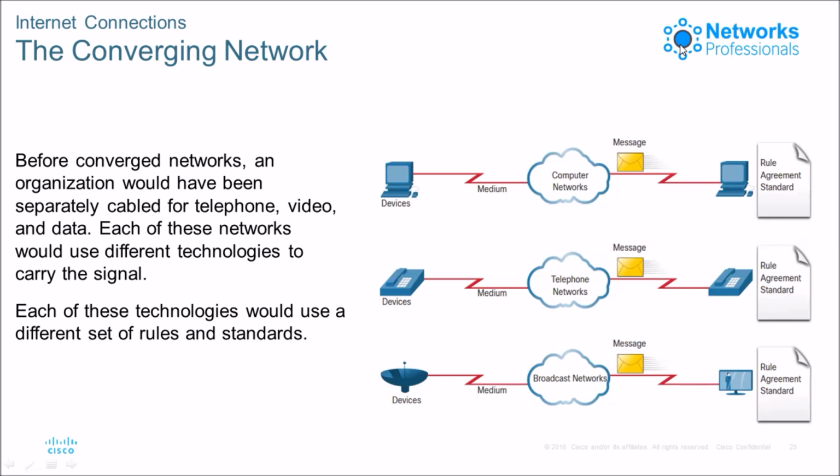These separate networks could not communicate with each other because each network used different technologies to carry the communication signal. Each network had its own set of rules and standards to ensure successful communication. Multiple services ran on multiple networks.